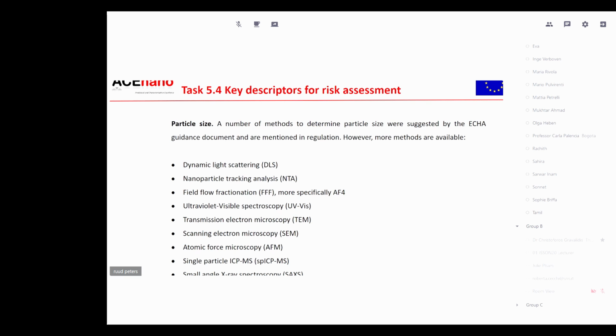But using a time of flight mass spectrometer, you can measure more elements at the same time, which is very useful when you measure composites. It's also going for smaller particle sizes. The regular instruments now measure somewhere around 20 nanometer as the smallest particle, but I know that in the ACEnano project they are already down to about 5 nanometer as the smallest particle that can be measured. And the last method here is small angle X-ray spectroscopy, which may also be used to determine size.